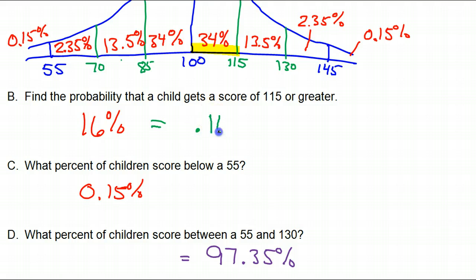I'm moving the decimal point twice to the left. Traditionally, in a statistics class, this is how we would show the probability, as a decimal as opposed to a percent. If I move this twice, then that's going to be 0.0015, which is crazy small.